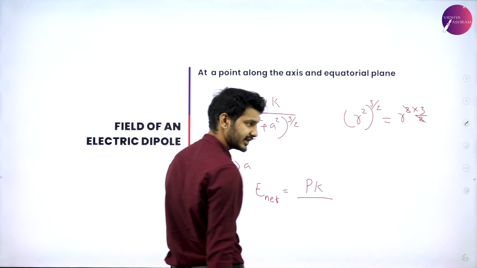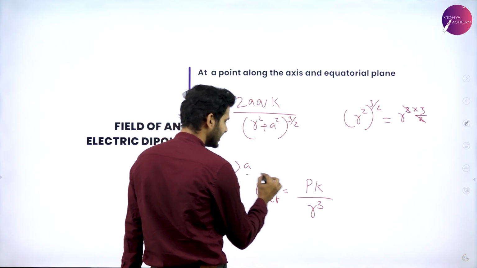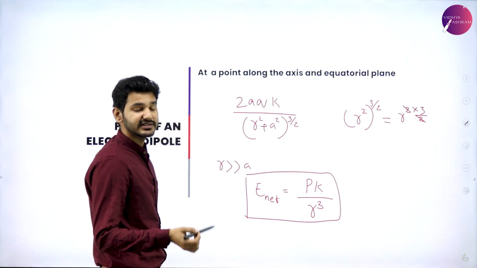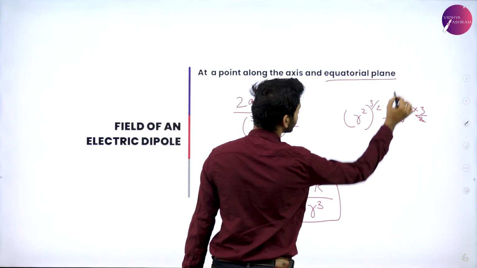These two will get cancelled out and we can finally say that this is r cube. So E net will be equal to pk divided by r cube. So this is the equation for the electric field of a dipole at the equatorial plane.